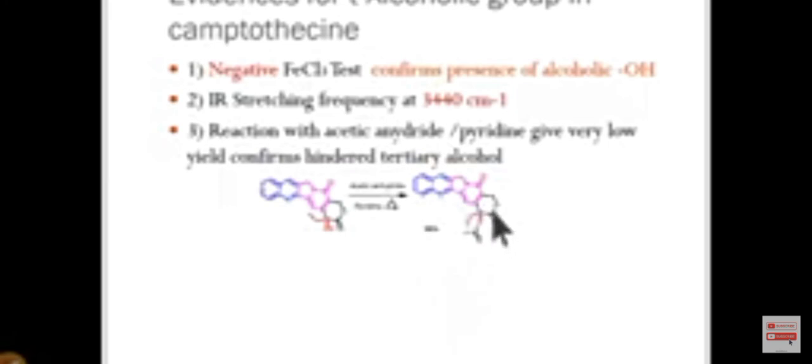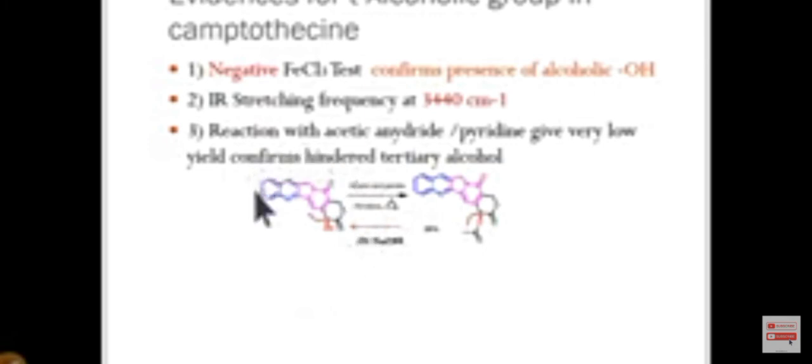Then they did basic or alkaline hydrolysis of this compound, and after acidification they got compound 1, camptothecin.